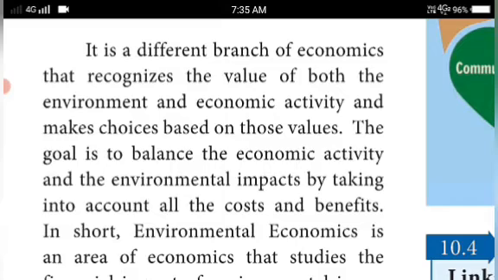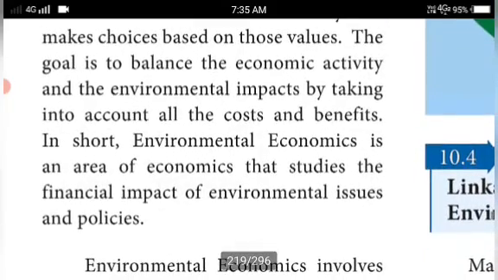The goal is to balance economic activity and environmental impact by taking into account all the costs and benefits. So we have to consider and discuss all the costs and benefits.